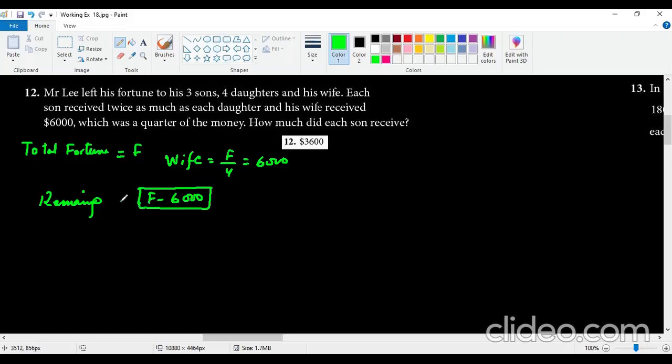This is the remaining amount, and each daughter is going to get x, and each son is going to get 2x. So that means there are 3 sons, that means 2x each, plus 4 daughters.